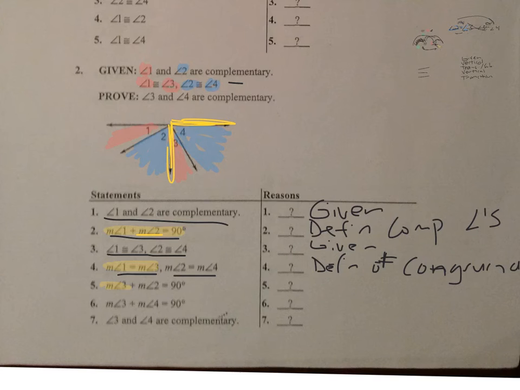So we just took the equation we had, number 2, swapped out the 1, swapped in the 3, and we can do that by substitution. Okay, so those two are equal to 90.